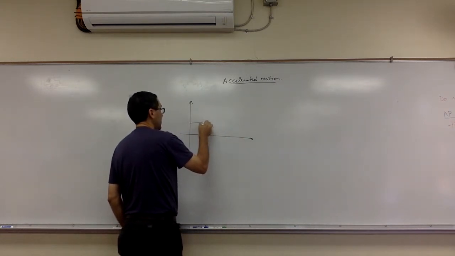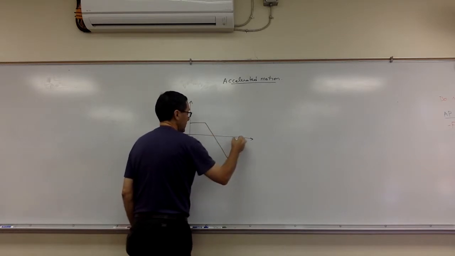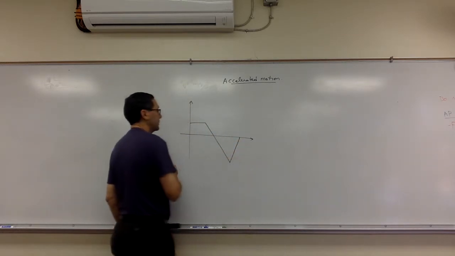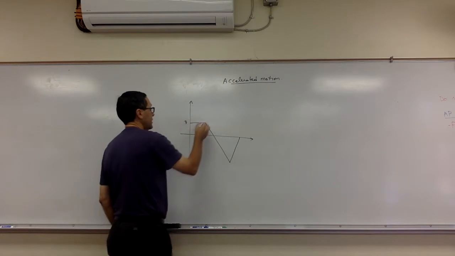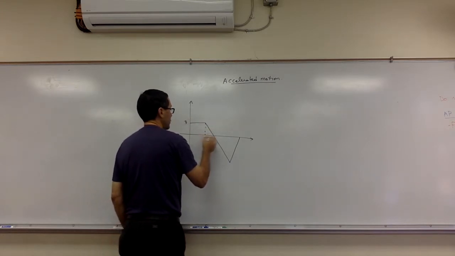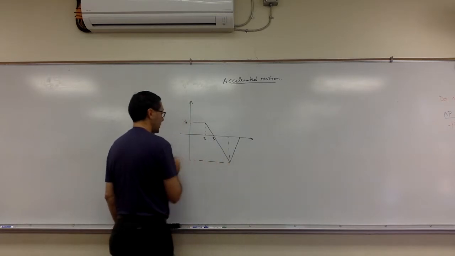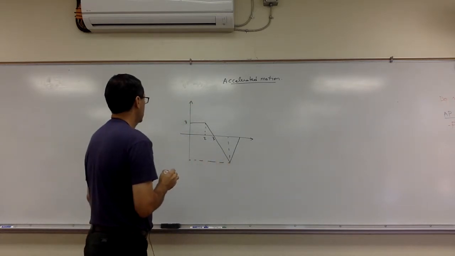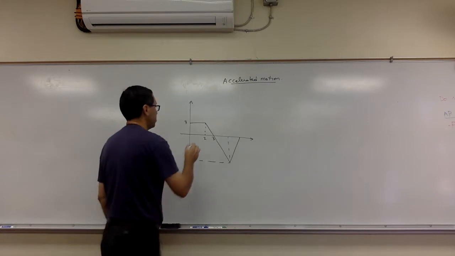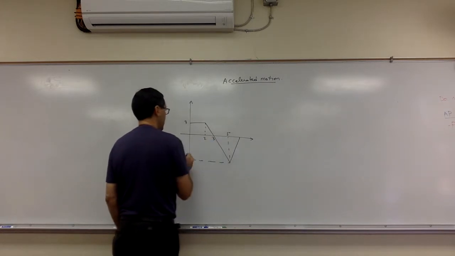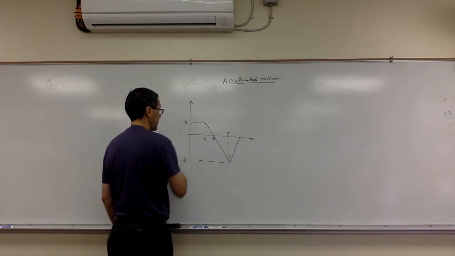Okay, so let's say I start here, I do that, and I do this. Okay, so 3, 2, 3. Let me make sure I'm doing this right here. I'm going to say 5 and 6 here.